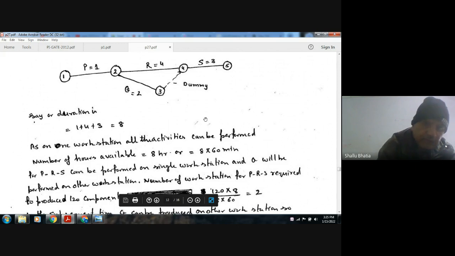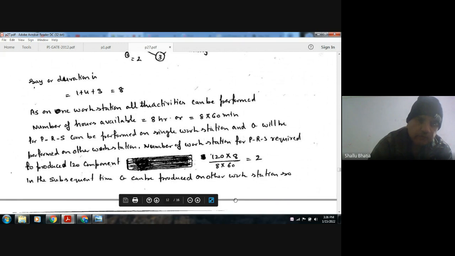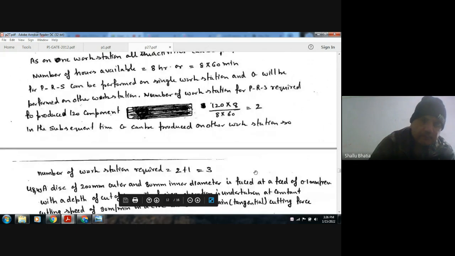And in the same time, this 2 minute job can be assigned to another workstation. So the number of workstations will be 120 into 8 divided by 8 into 60, that will be 2. Okay, so in the subsequent time the Q can be produced on another workstation, so the number of workstations will be 3. Okay.